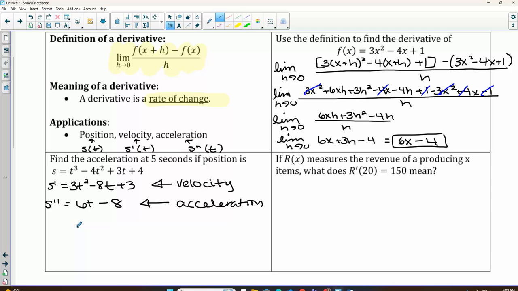Why can't you plug the 5 in before we do our derivatives? Don't need it. The derivative will be 0. So you can't plug in numbers until the very end. So we get 22. Acceleration would be meters per second squared. Or feet per second squared, I guess I didn't tell you what we're measuring in.